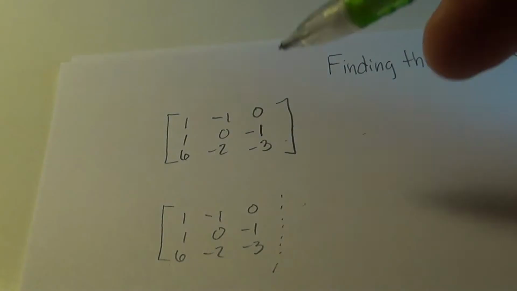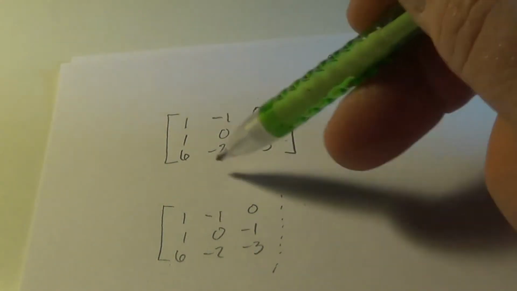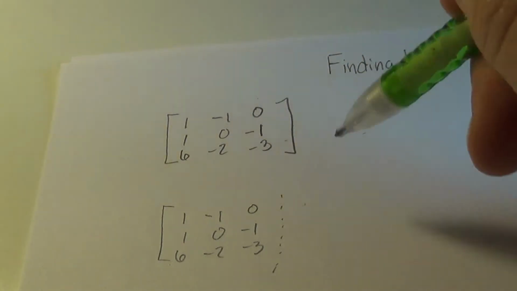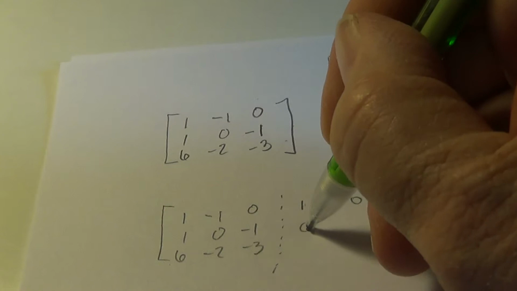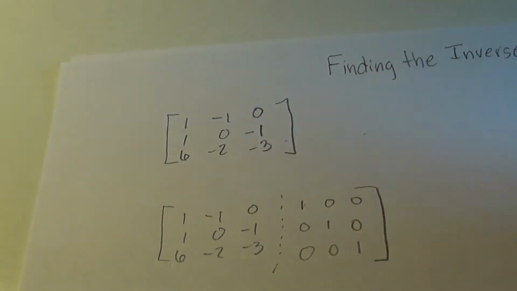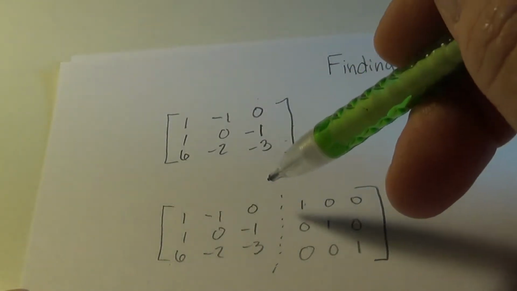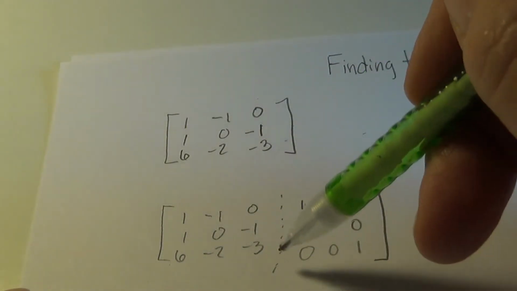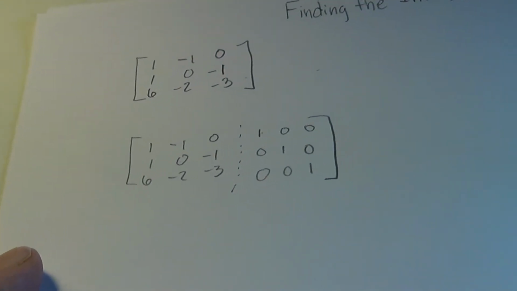The way we do it is we make an augmented matrix where we copy the matrix that is the problem and we add to it the identity matrix, all in one big happy matrix. So there is our identity matrix for multiplication, and this is just to help us line things up. It doesn't have to be there.